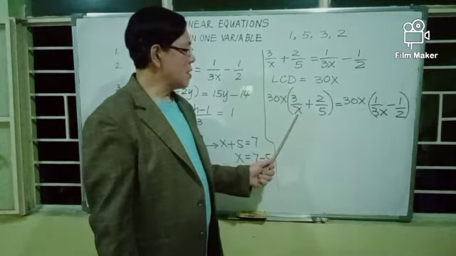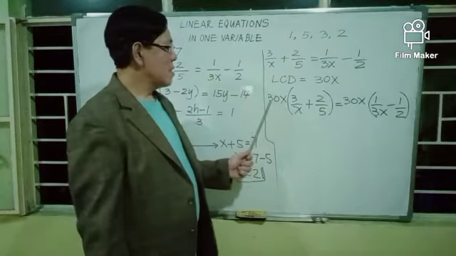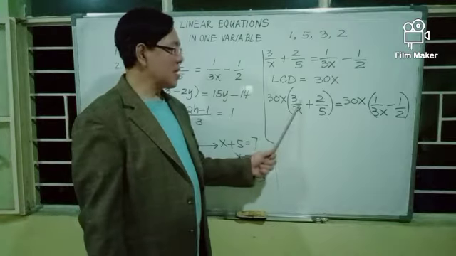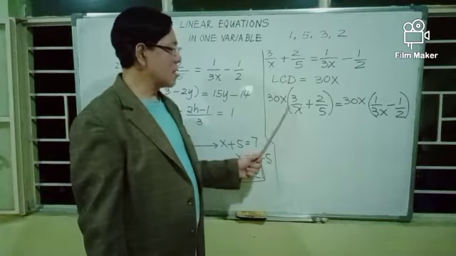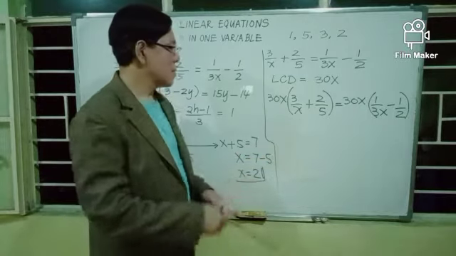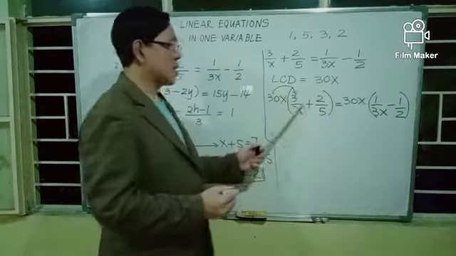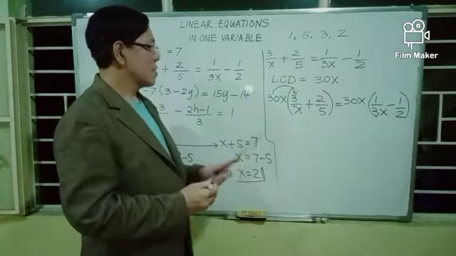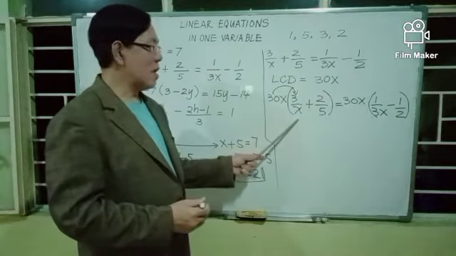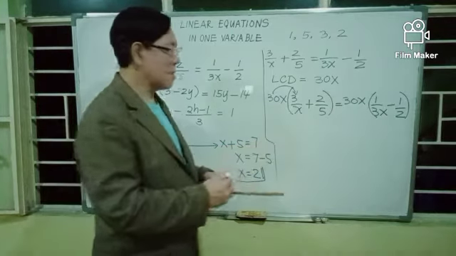We multiply each term of this binomial by 30x. If you multiply 30x by 3 over x, x and x will cancel out because x over x is 1. And you get 30 multiplied by 3 is 90.